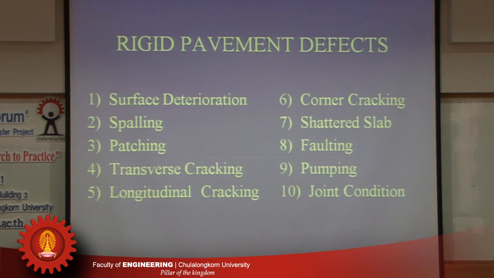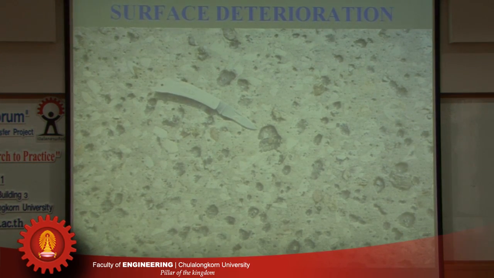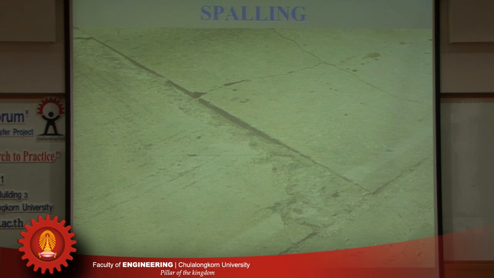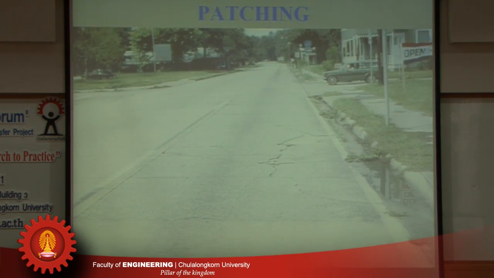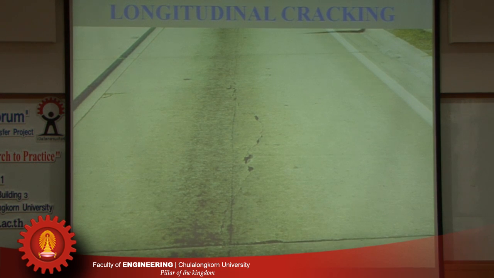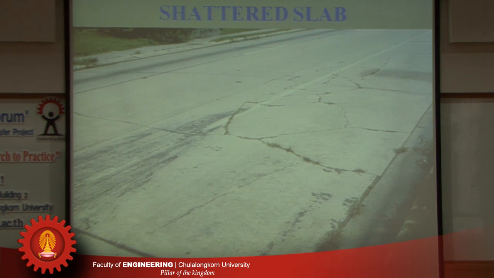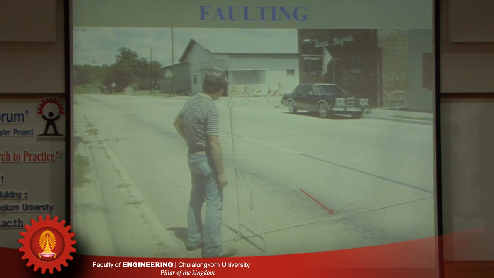The rater needs to identify the different types of distress, such as surface deterioration, spalling, which is cracking near the joint, patching, transverse cracking, longitudinal cracking, corner cracking, shatter slab, and faulting.